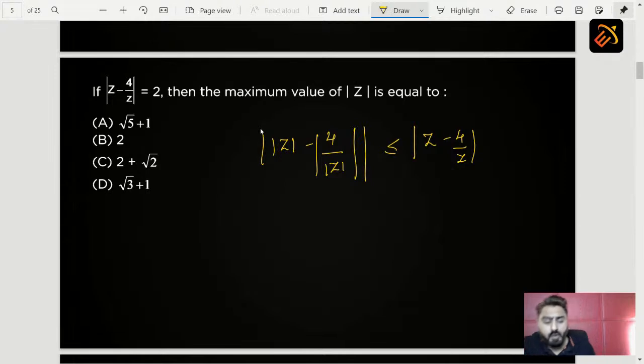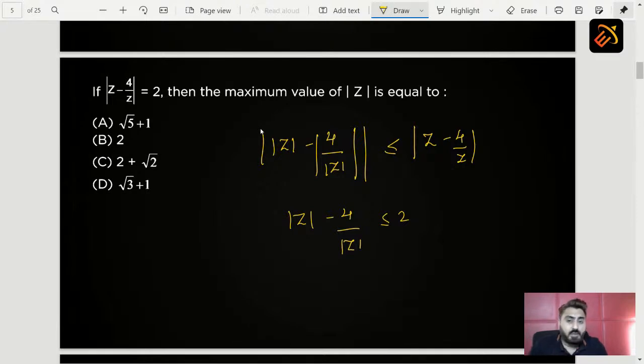Now from this it is clear that |z| − |4/z| is less than or equal to 2. क्यों? गिवन में दिया है that |z − 4/z| is equal to 2.